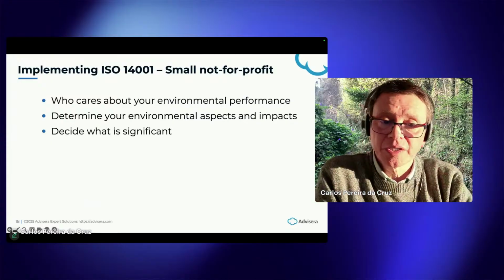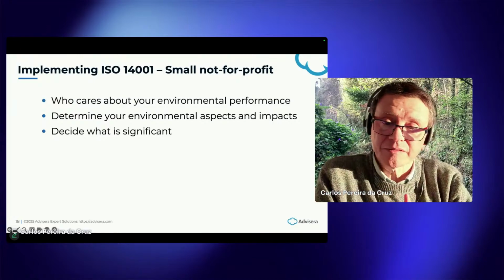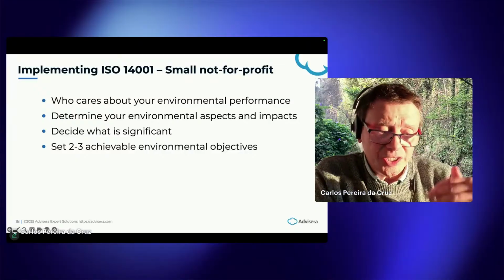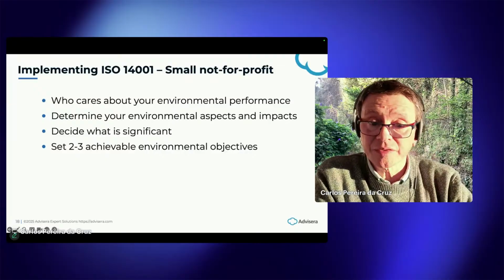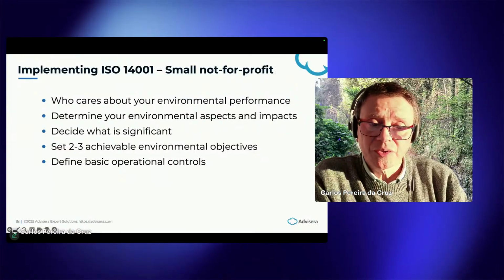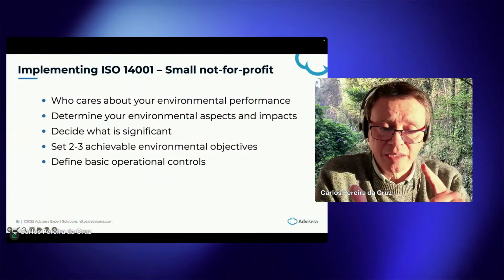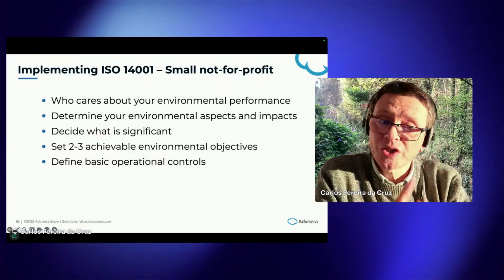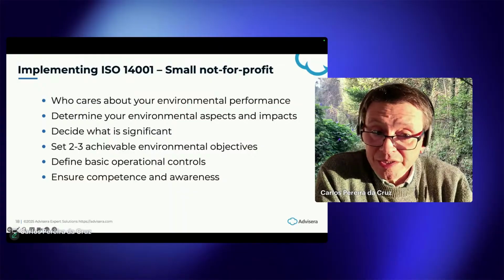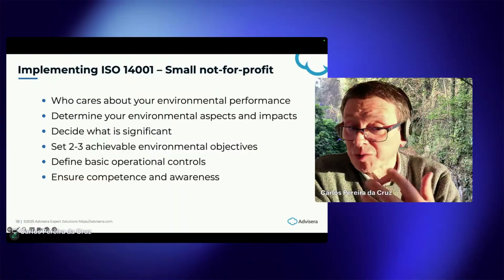legal duties, impact, frequency, stakeholder concern. Set 2 or 3 achievable environmental objectives. Define basic operational controls, so simple procedures for waste handling, procurement, energy use, storage of chemicals. Ensure competence and awareness, so train staff on their environmental responsibilities.